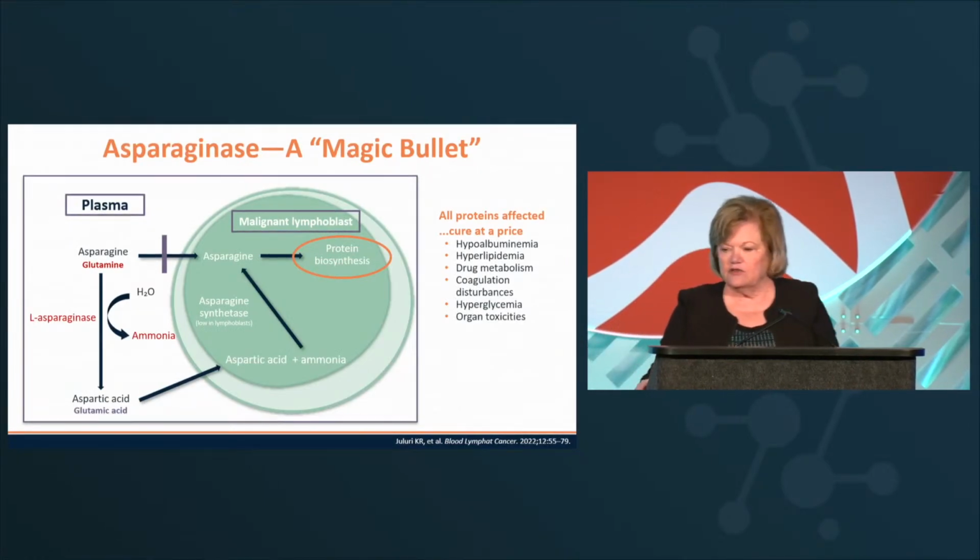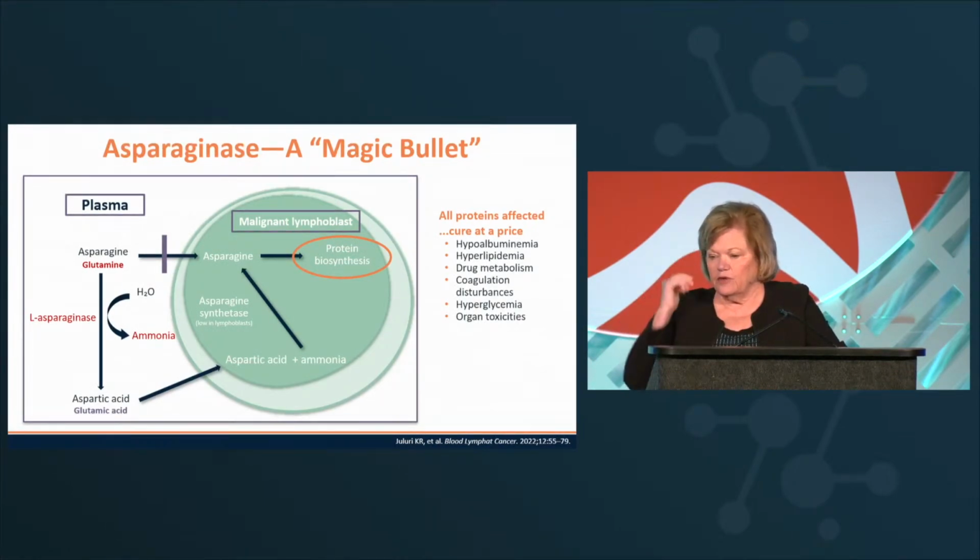This diagram shows asparaginase as being basically what they term the magic bullet. So in the plasma, we have the asparagine that is needed by the leukemia cell. The asparaginase actually blocks the asparagine, and then we have the glutamate that is left, and we then have the breakdown of aspartic acid and glutamic acid that then go into the cell.